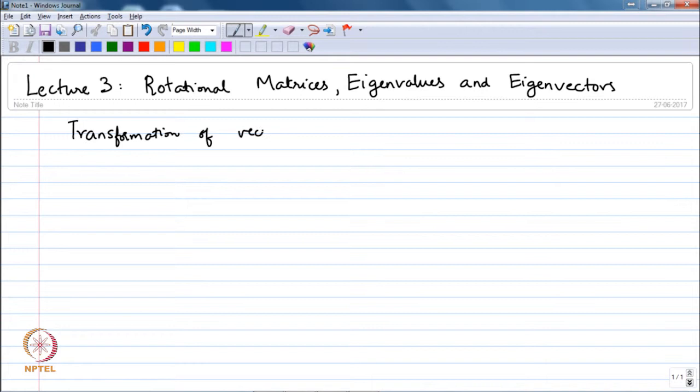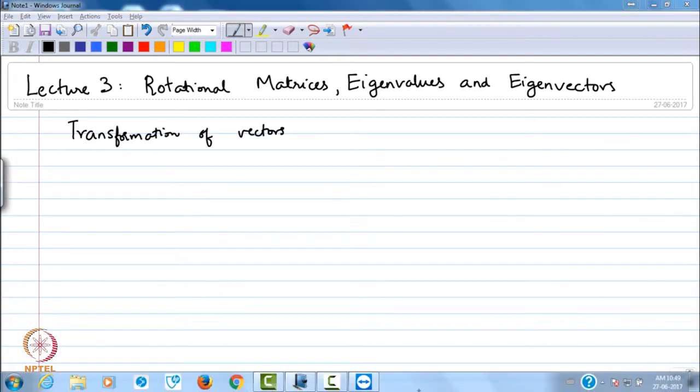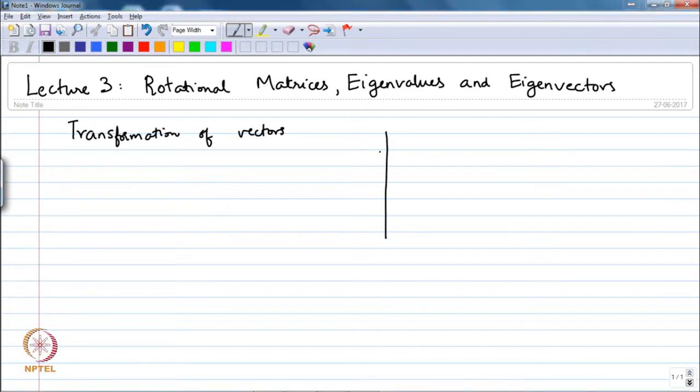So we can ask the question, what is the matrix that transforms a vector in the following way? Suppose you have a vector. I will start with 2-dimensional space just to illustrate my point. Then we can go to 3D space or other spaces as required. Suppose you have a vector in 2-dimensional space that is represented by some arrow.